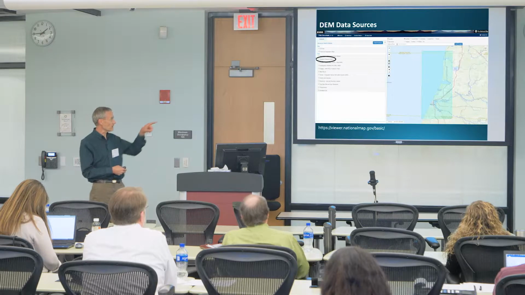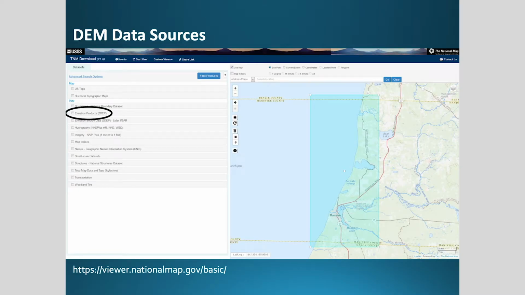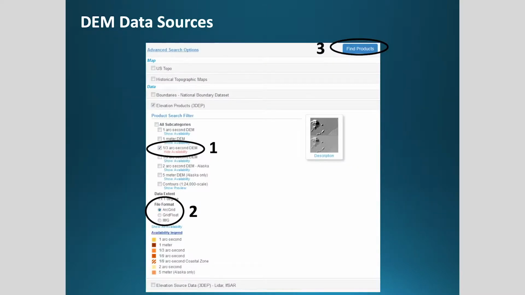It's a little bit hard to see, but once you are zoomed into the area that you're studying, in this case Manistee County, which I just kind of randomly picked, you outline your shore area, and then on the left side you put a check mark on the elevation products. That box will expand and allow you to choose different layers.